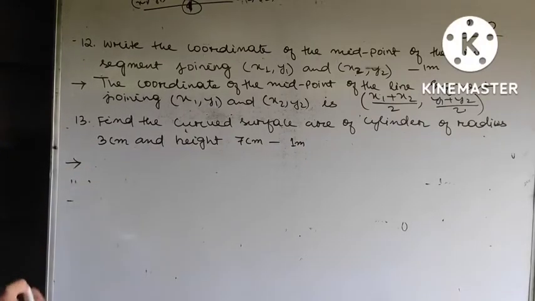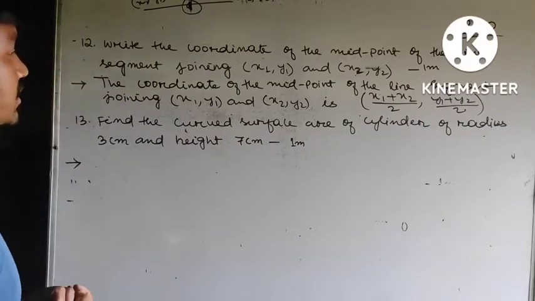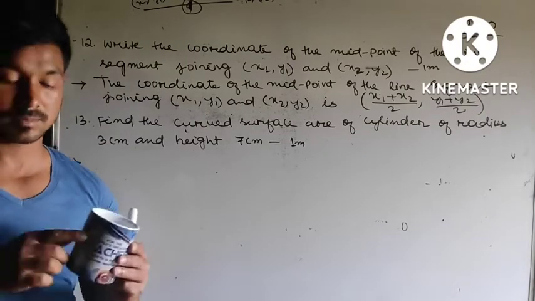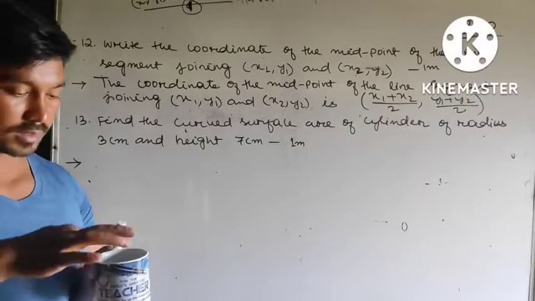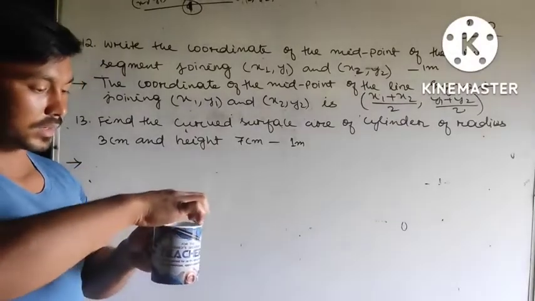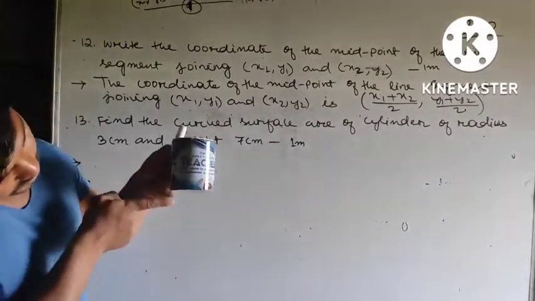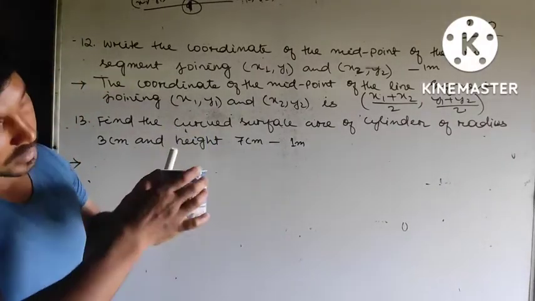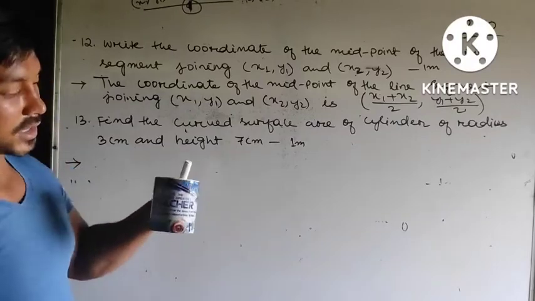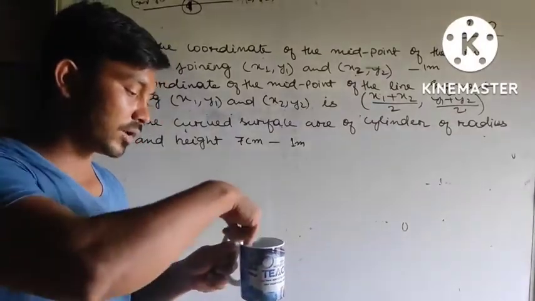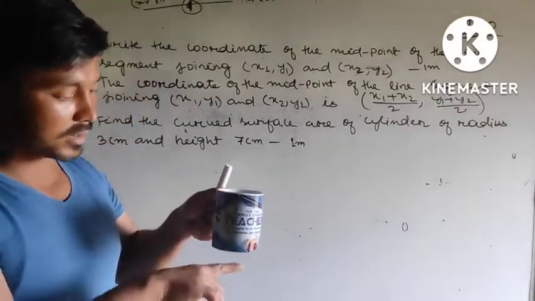So the last question for 1 mark is: find the curved surface area of a cylinder of radius 3 centimeter and height 7 centimeter. Okay guys, let me tell you, this is the shape of a cylinder. The diameter of the opening will be the same as the diameter of the base. It is in the shape of, say, your drum or whatever, with equal diameter at the top and bottom.